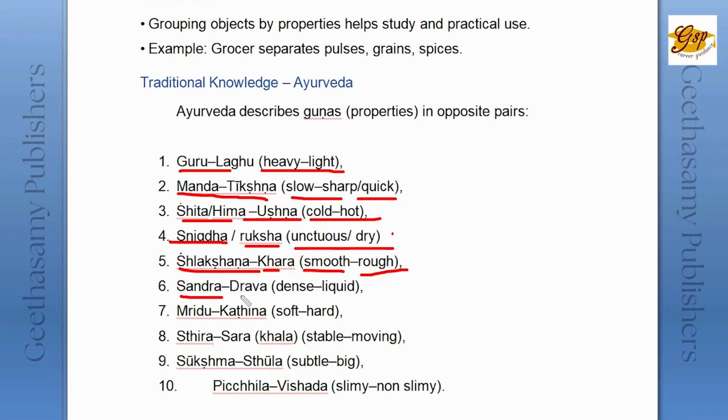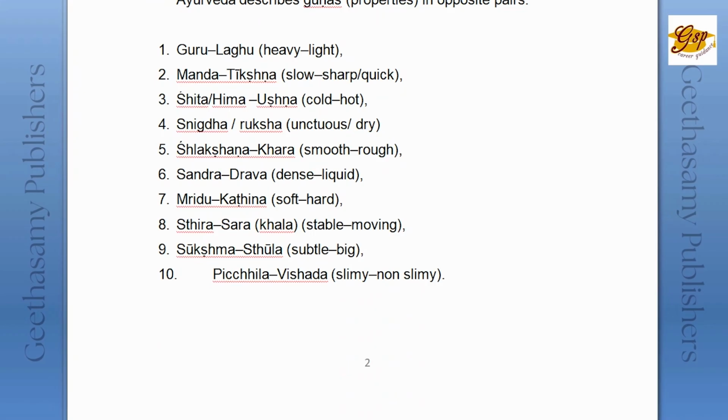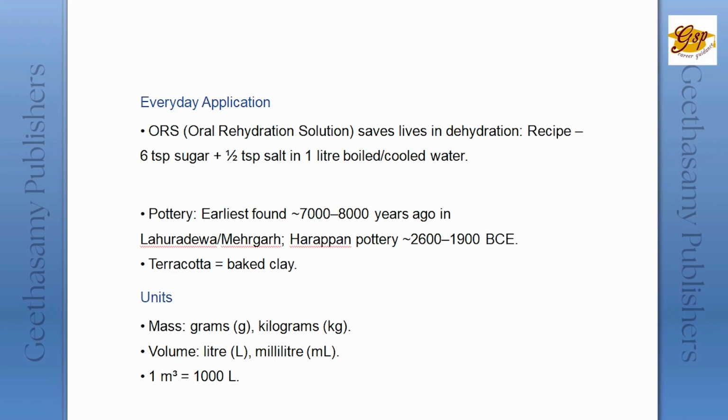Sandra and Drava, dense and liquid. Mridu and Kathina, soft and hard. Sthira and Sara, stable and moving. Sukshma and Sthula, subtle and big. And Picchila and Vishada, slimy, not slimy. It is hard to really understand this language if you don't know Hindi or Sanskrit. It's okay, it doesn't matter, it's not a big thing.